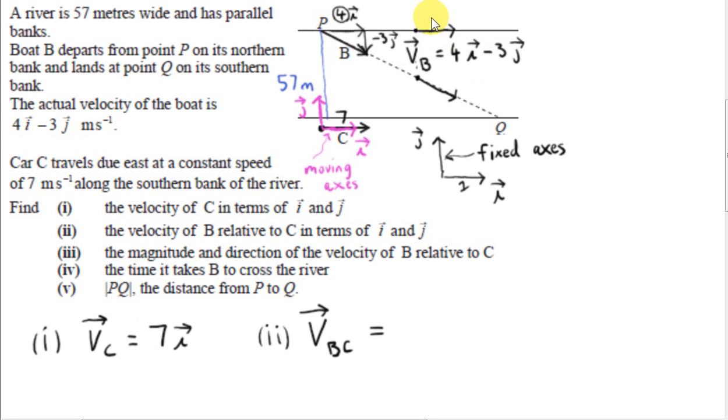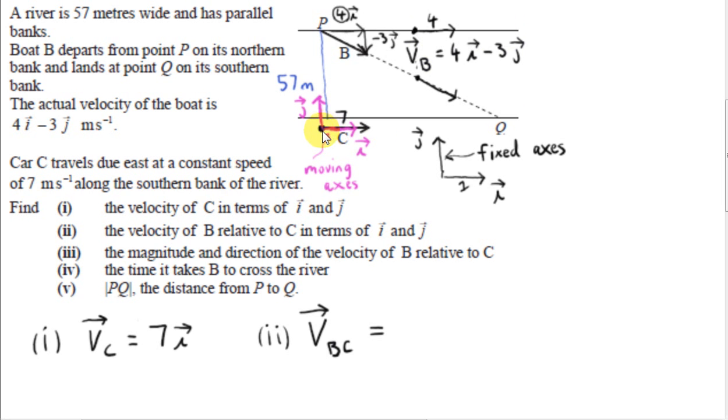The horizontal component has a magnitude of 4, so we will see this projection of the boat, or the shadow of the boat if you like, moving with a speed of 4 meters per second along the bank. And we can see that that projection has slower speed than the speed of the car. So we expect the car to overtake the boat.